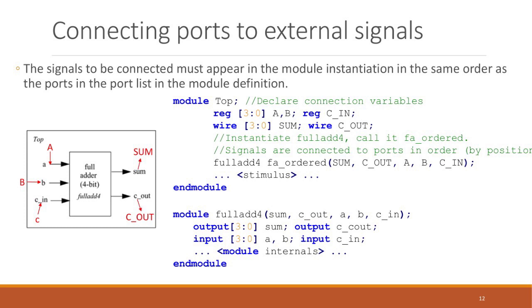In the figure given in the slide, you can graphically see how signals in the top module are connected to the signals in the instantiated full adder module. The signals in the top module are external to the full adder module, and they have been connected in the same order as they appear in the module definition, just like we discussed a little while ago.